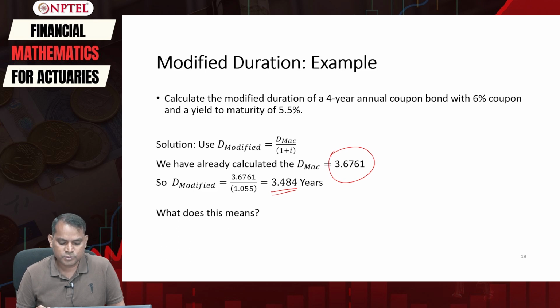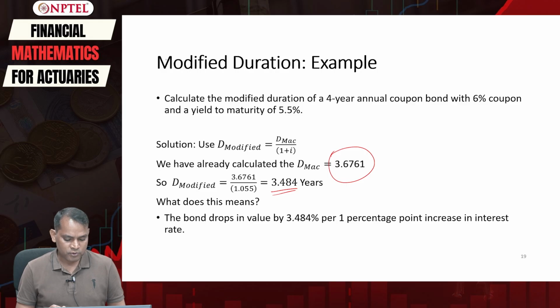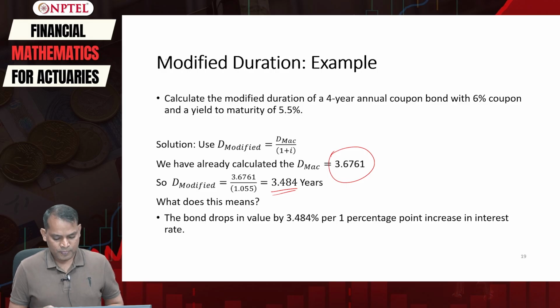So what does this mean? This means that the bond drops in value by 3.484% per 1 percentage point increase in the interest rate.